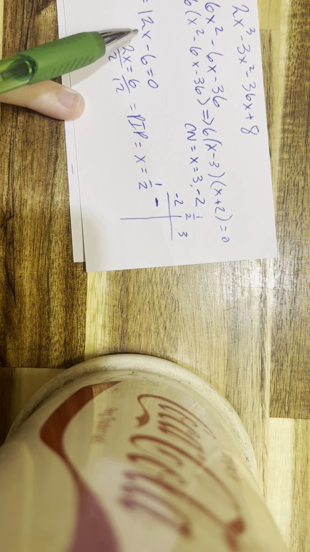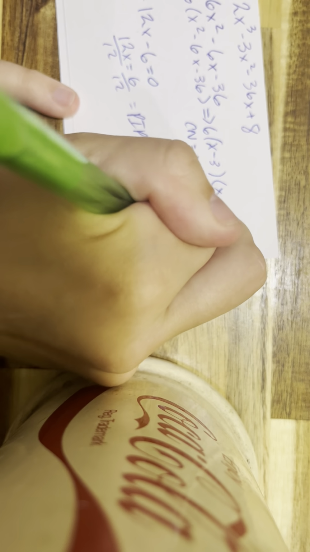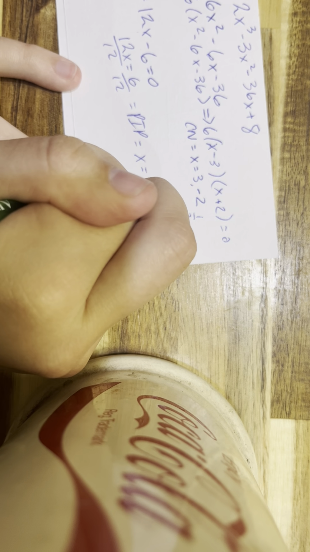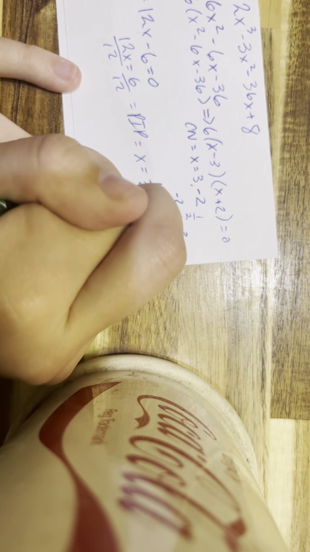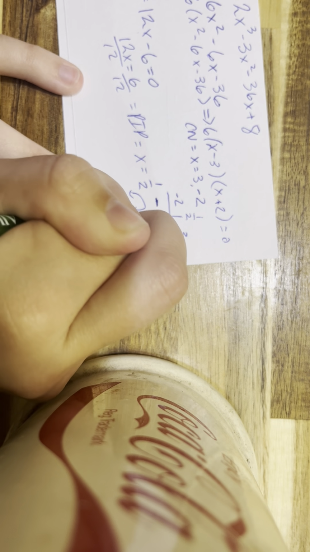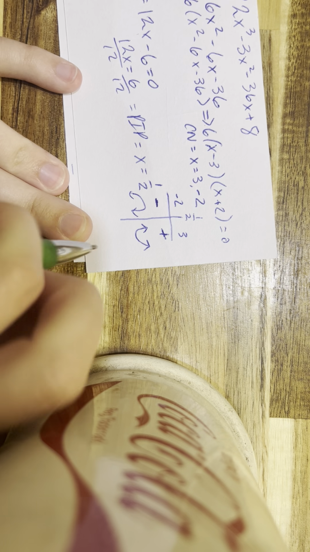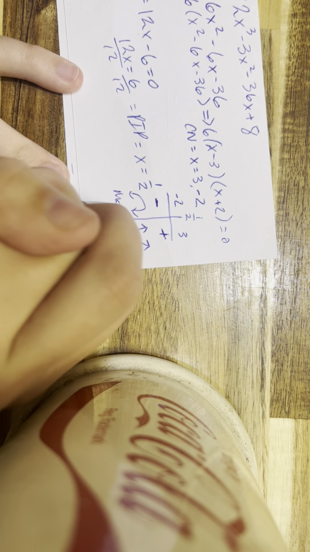And if we plug 3 in, we get 36 minus 6, and that is a positive number. So we do have an inflection point. We have a negative concavity here and a positive concavity here. And this also helps us see that we have a minimum at 3 and a maximum at negative 2.